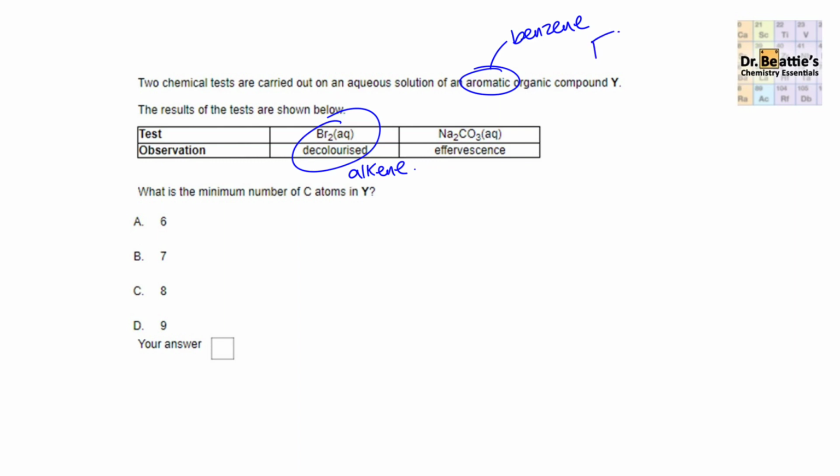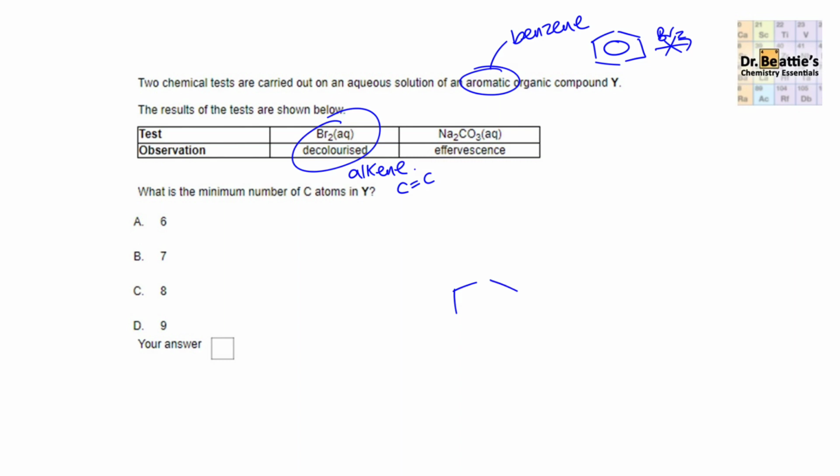Now, we know that benzene, as we can draw it in the delocalized form, has 3 bonds that are constantly alternating, so you've got 1.5 double bonds. This does not react with bromine to decolorize it, so it must have an alkene in, which isn't part of the aromatic ring, so a C double bond C.